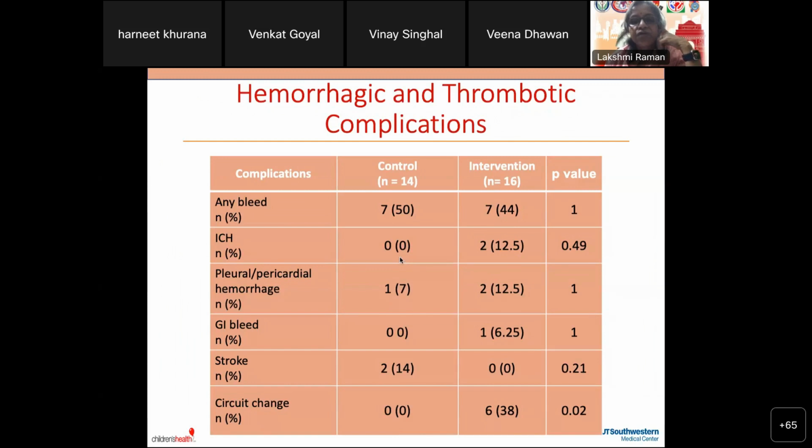And then when we looked at various complications, we did have more circuit changes in the intervention arm. It is not clear whether the increase in circuit changes was because we had two patients who had really long runs. So if I were to sum up between bivalirudin and heparin, I would say bivalirudin is more towards the clotting end and heparin is more towards the bleeding end.